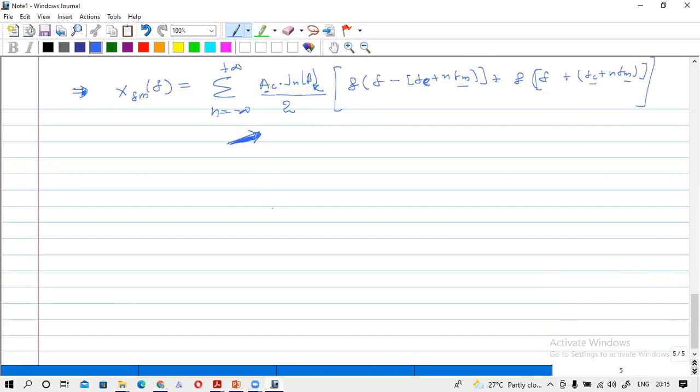Already we know that. If we draw the spectrum for a few terms, I will draw n equals 0, 1, 2, 3 terms. This is f. Here n should be from minus infinity to plus infinity, but you don't need to write all the terms.